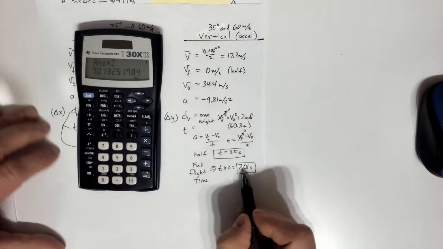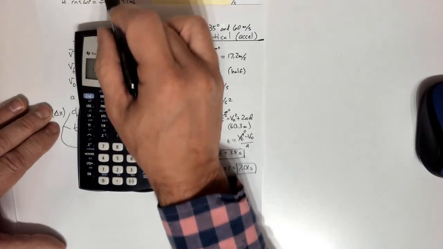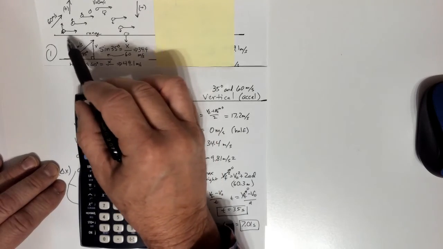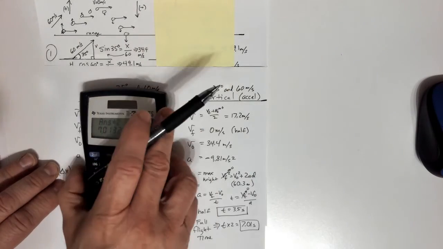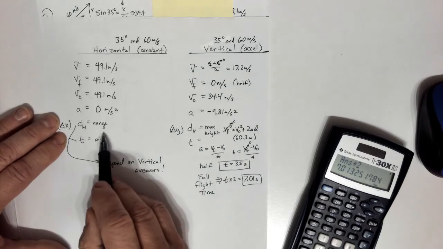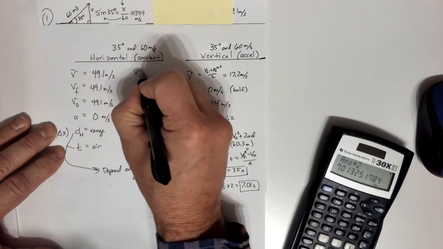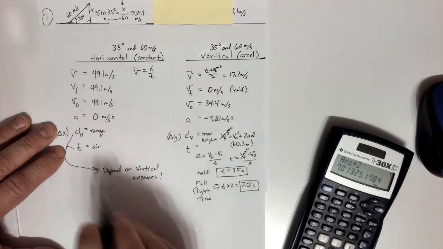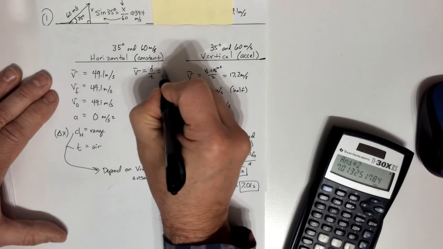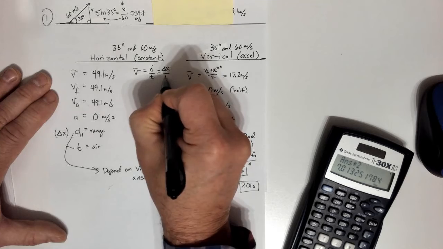And then while it's going up and down over here, it's moving all the time horizontally. So now I can go back to this information and solve for it, but since it's constant, we can only use this equation, or we may know it as delta x over t, okay?